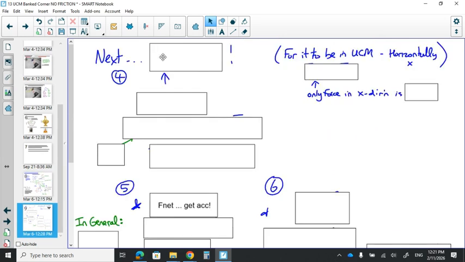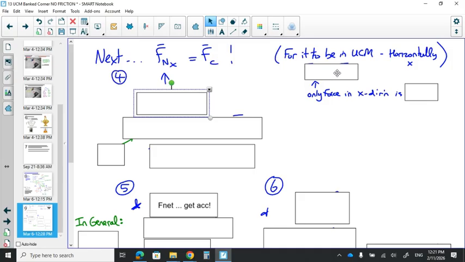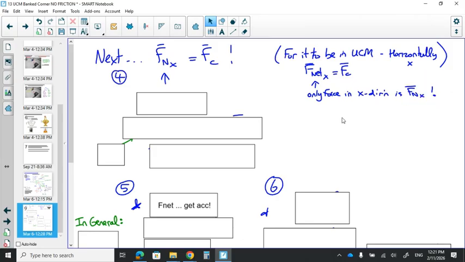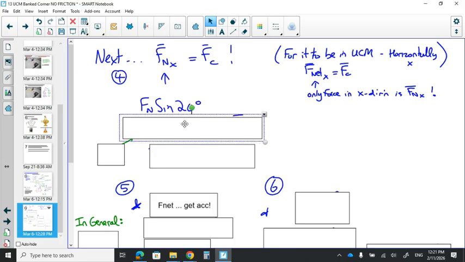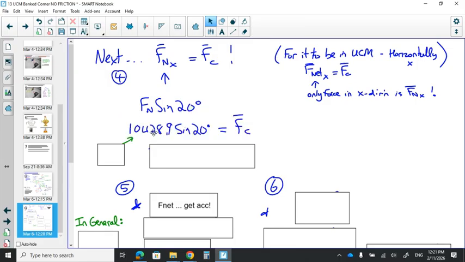All right, so we know, of course, we've got uniform circular motion. So the x component of that normal force has to be the centripetal force, because it's the only force in that direction. For it to be in uniform circular motion, it has to be the case. And so we've got Fn sine 20, and we already calculated the normal force as that number.